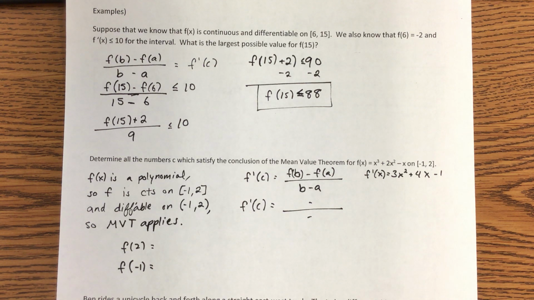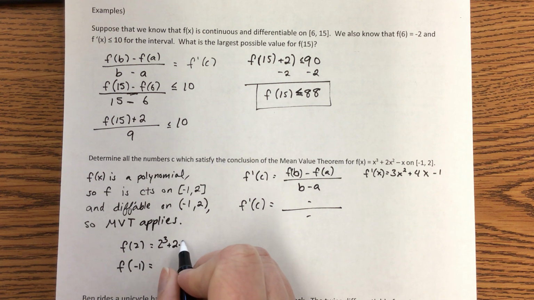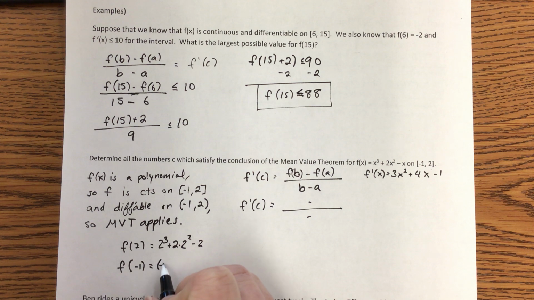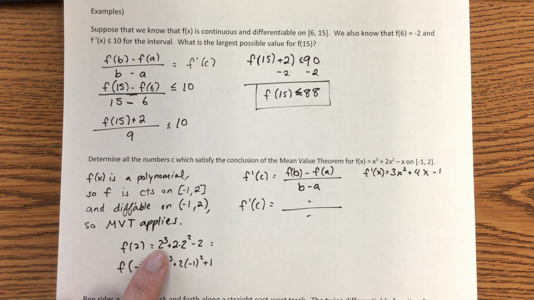Okay, so we need 2 cubed plus 2 times 2 squared minus 2, and then -1 cubed plus 2 times -1 squared plus 1, because minus -1. So this is 8 plus 8 is 16 minus 2 is 14.